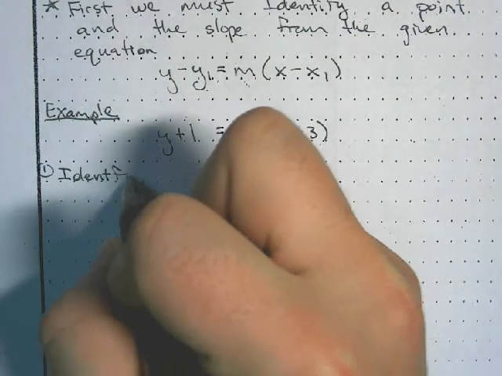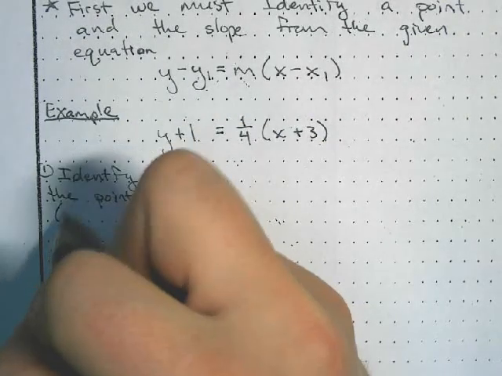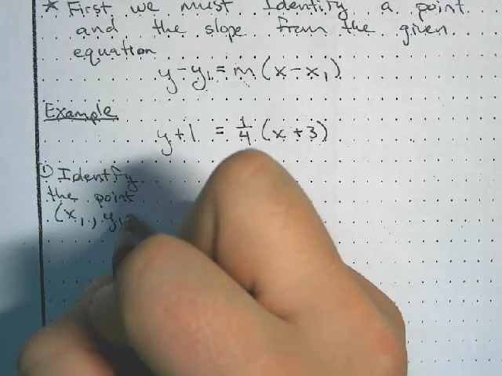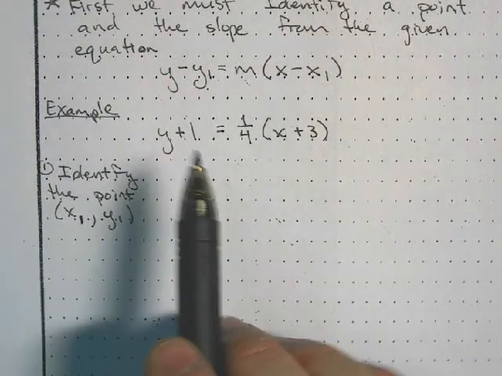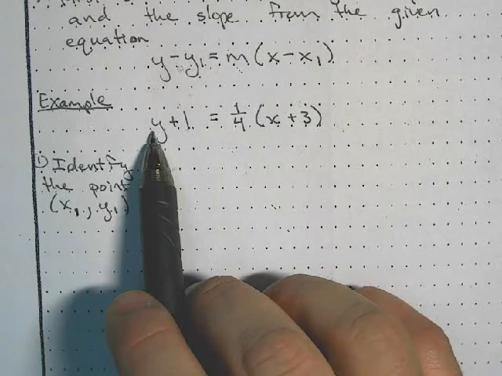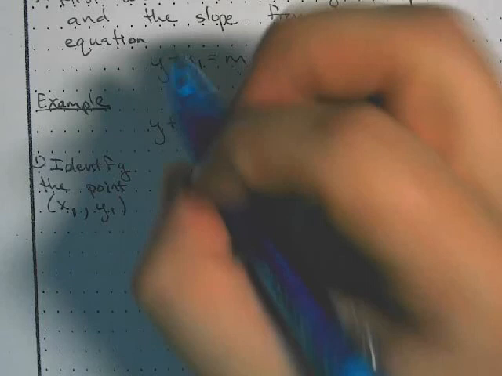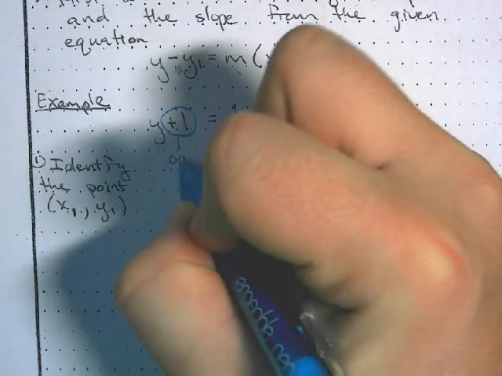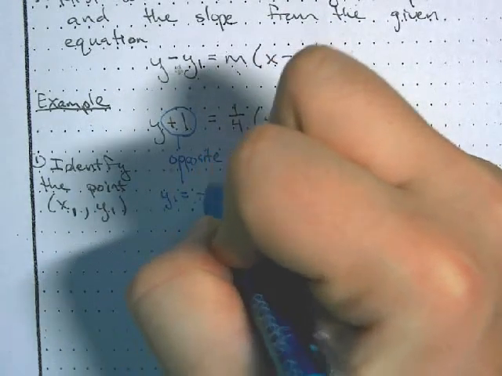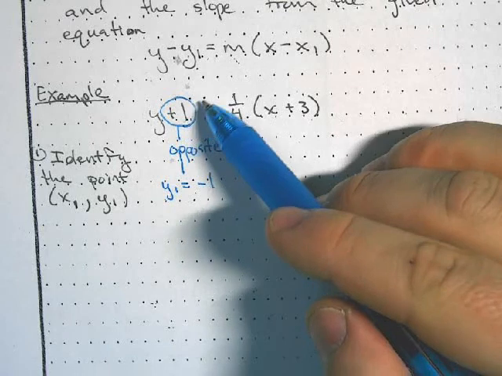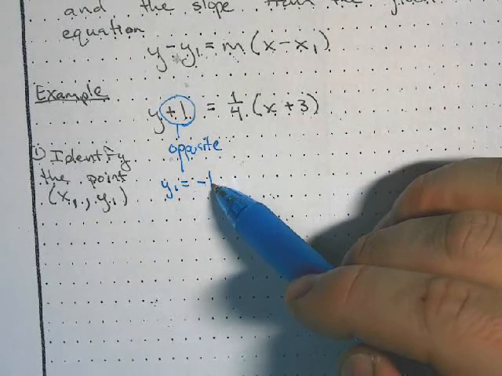So identify the point, which is our x1 comma y1. The way we identify this is we take the opposite value of what we see here. So my y1 is going to be -1, so I do the opposite. If it's a positive one, the opposite would be -1. So my y1 equals -1.